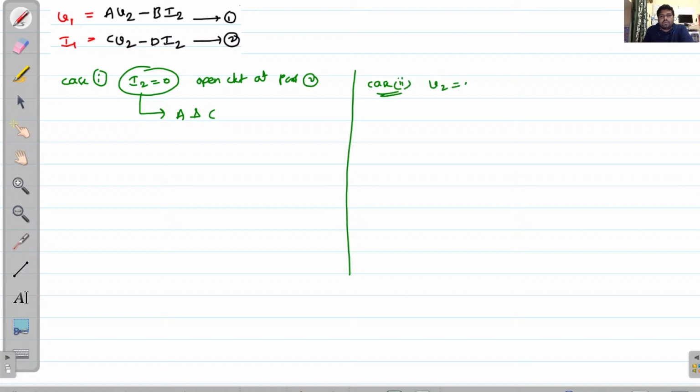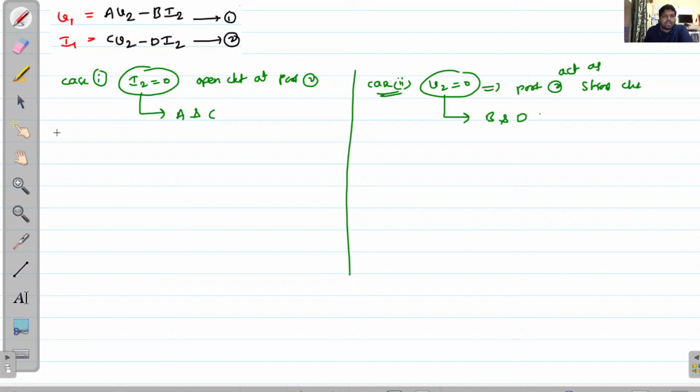And in the same way, we can take the second case, that is V2 equals 0. So V2 equals 0 means what? Port 2 acts as a short circuit. By making V2 equals 0, we can find the B value and D value, right?